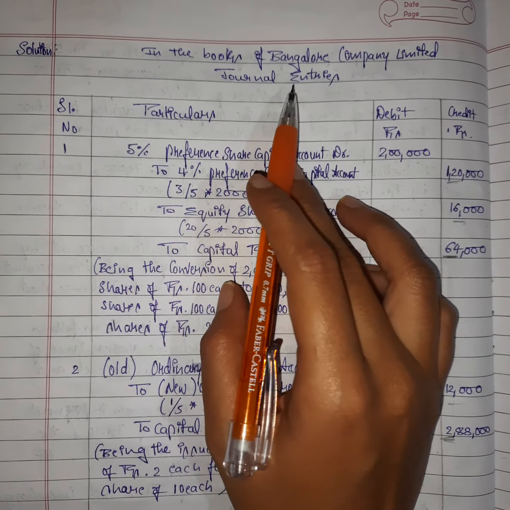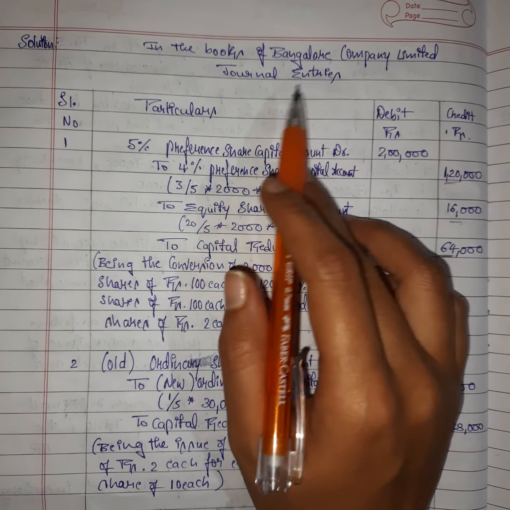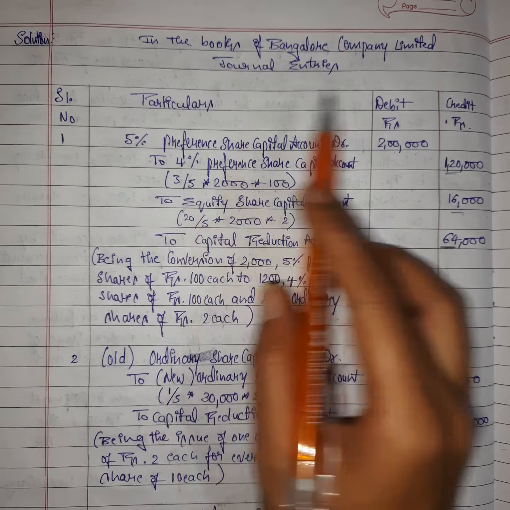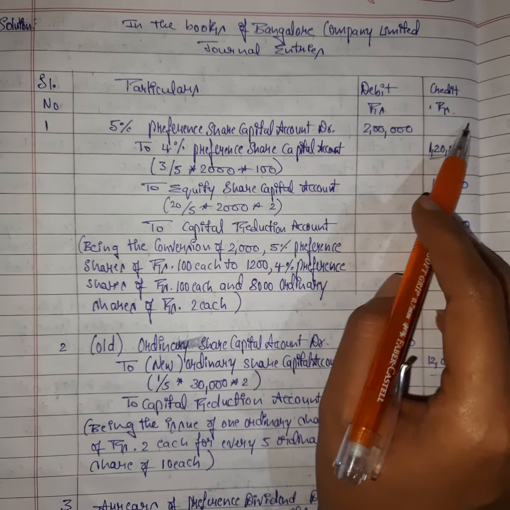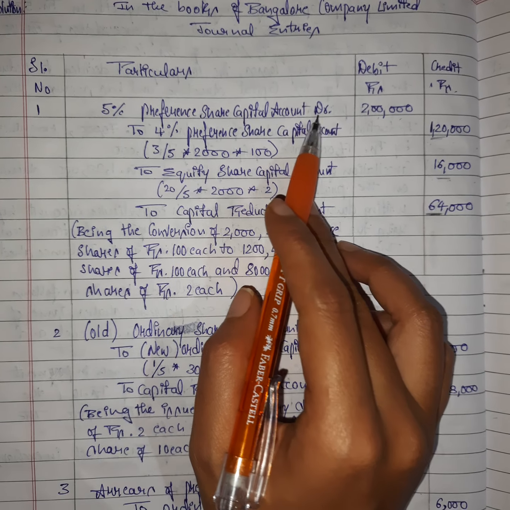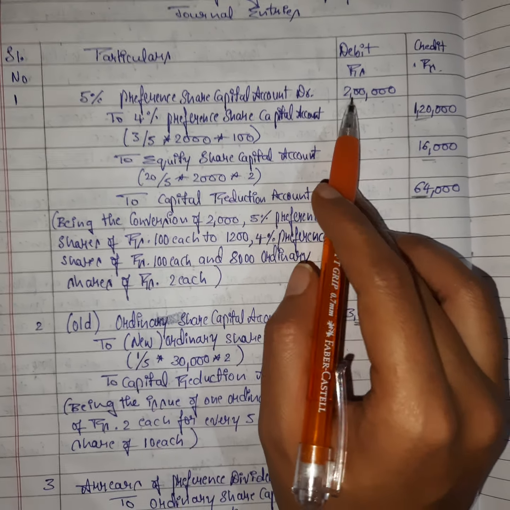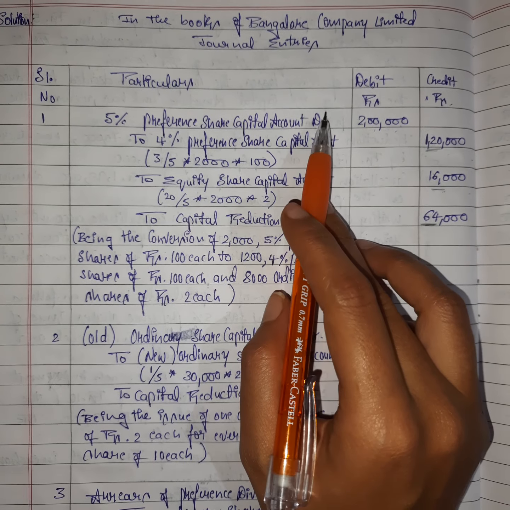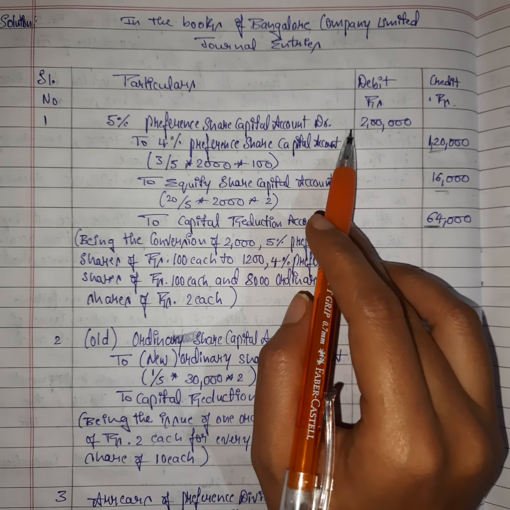Coming to solution, in the books of Bangalore Company Limited, journal entries, serial number, particulars, debit rupees, credit rupees. Coming to first point, 5% preference share capital account debit, amount is 2 lakh. In the problem they have mentioned preference share capital is 2 lakh, equity share is 3 lakh, paid up capital is 5 lakh.